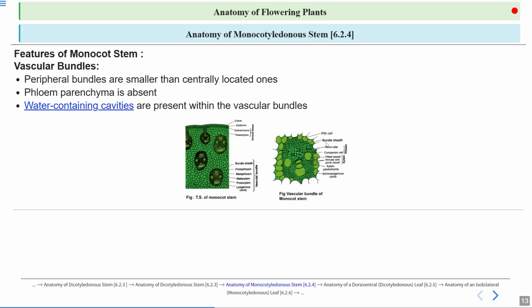They have the sieve tubes and companion cells that make the phloem. And what makes the xylem? Vessels, spiral vessels, xylem parenchyma, so these are making the xylem part, right? Water containing cavities are present. You can see they have large water containing cavities in the vascular bundle within the xylem part. This is a schizolysigenous cavity.